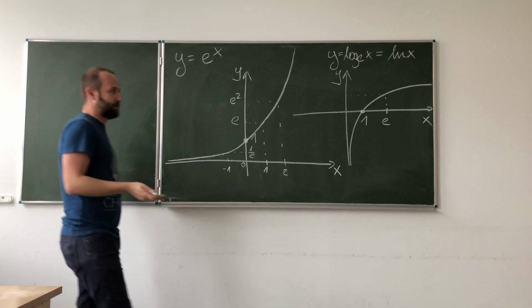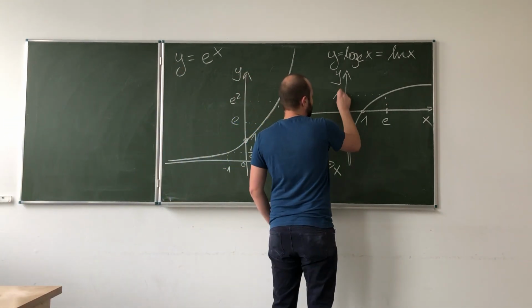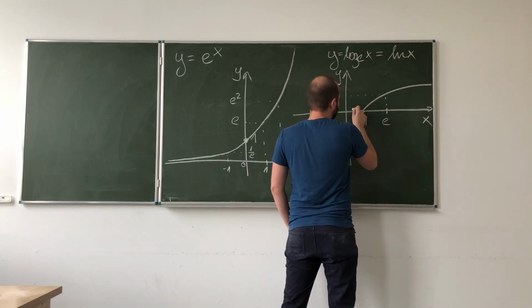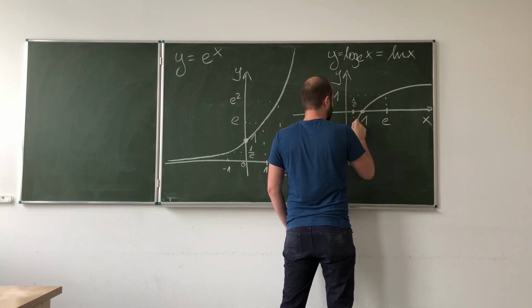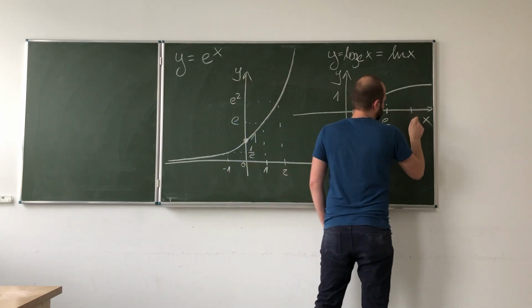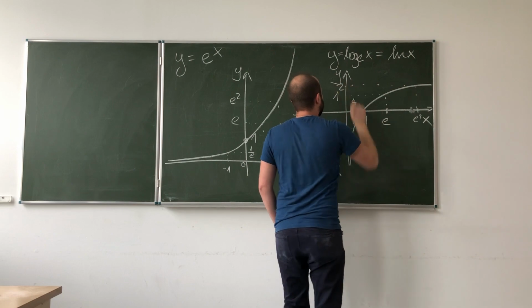To which power do I need to take e in order to obtain e? Well, the power of 1. The same if I would have here 1 over e, it would be negative 1. And of course, e squared, there would be 2.